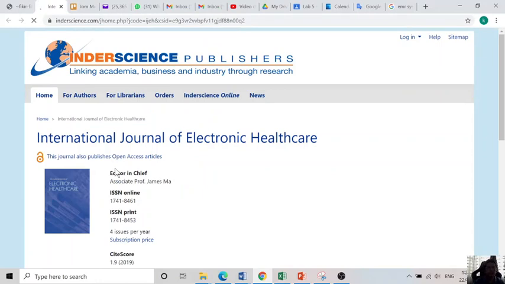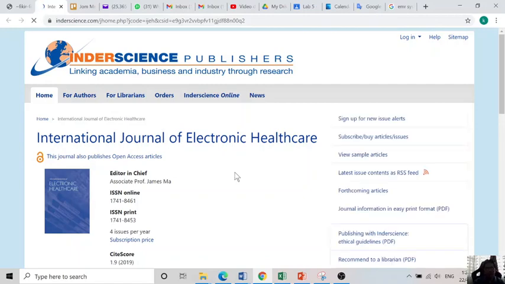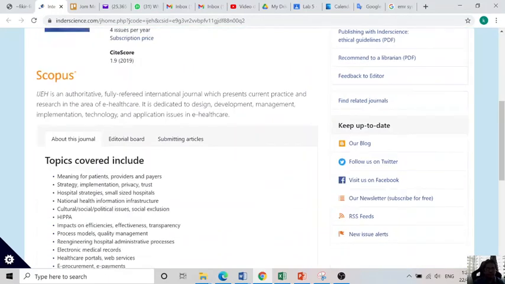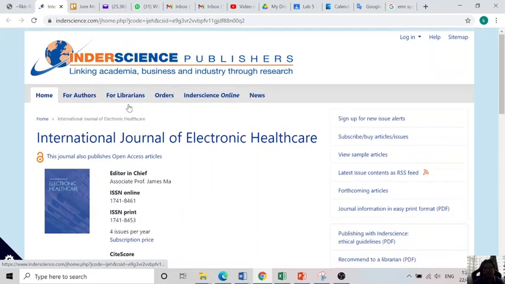Go directly to this journal, which collects and publishes all related electronic medical record, or electronic healthcare, articles or research. So this journal focuses on electronic healthcare, and from here you search.